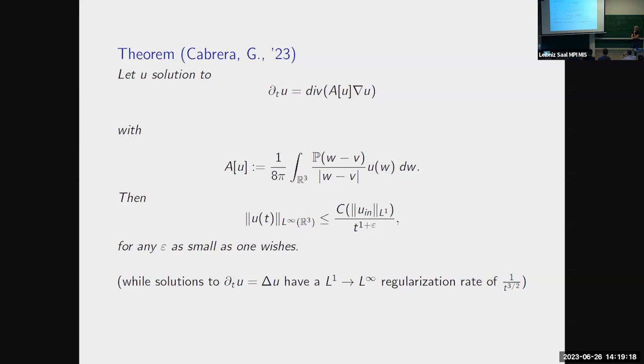And what we can show is actually that that operator has a regularization power much stronger than the Laplacian. So if we start with L1 initial data, it regularizes instantaneously, as expected, but with a rate t to the 1 plus epsilon, which is much faster than the rate of the heat equation, which is 3/2 in 3 dimensions, or d/2. Right?